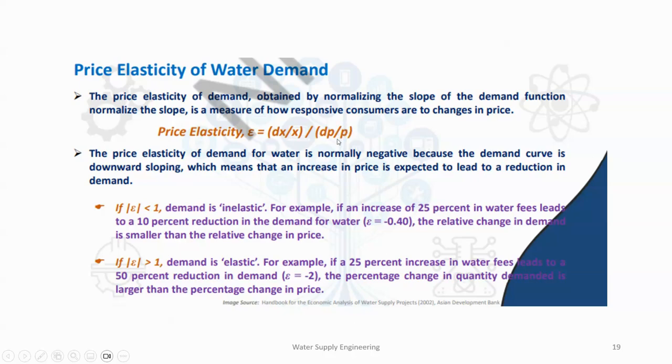In that case, we say that the demand is inelastic. In the other case, that is, if dx by x is greater than dp by p, or if the absolute value of epsilon is greater than 1, we call it elastic demand.